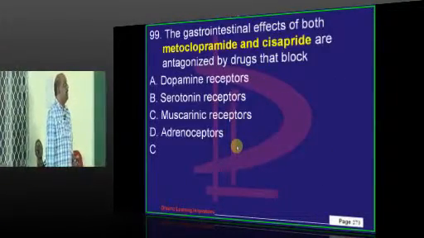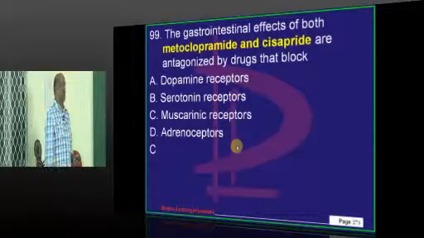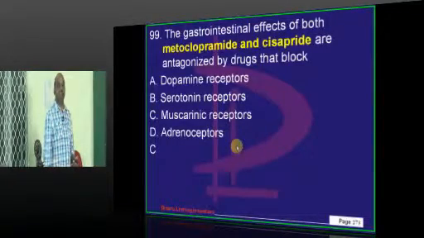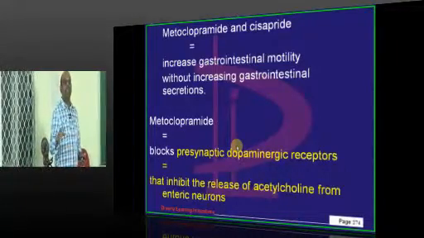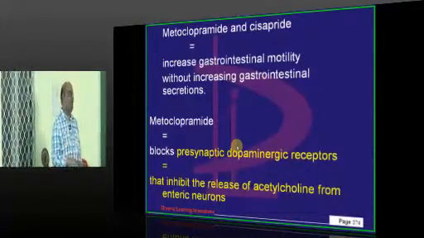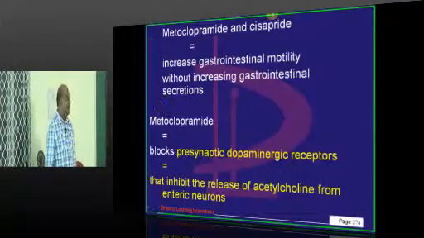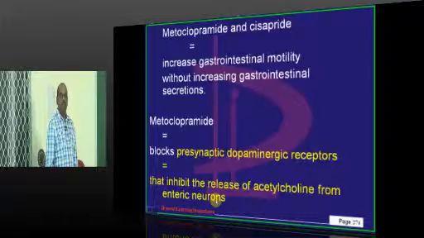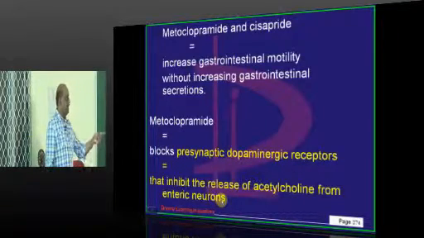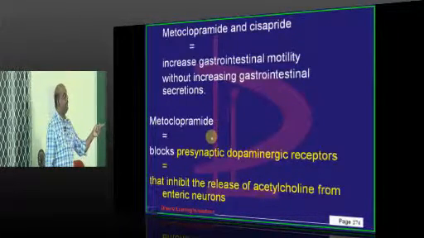Now metoclopramide, cisapride, how do they basically act? Metoclopramide blocks the dopamine released by the presynaptic receptors, and that will decrease the release of the acetylcholine, and that is how metoclopramide will be acting.